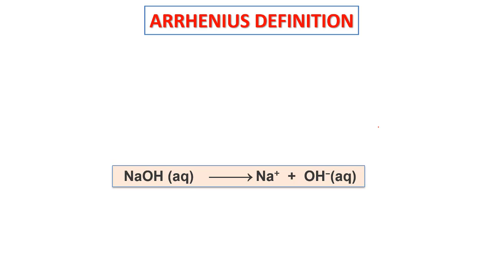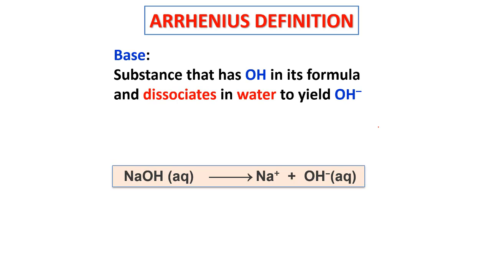Alright, what is Arrhenius base? So, Arrhenius define base as a substance that has OH in its formula and dissociates in water, okay, to yield hydroxide ion. So, Arrhenius kata base adalah apa-apa bahan yang mengandungi OH in its chemical formula, and when dissociates in water, it forms hydroxide ion, OH minus. Contoh paling mudah yang kita belajar adalah sodium hydroxide.